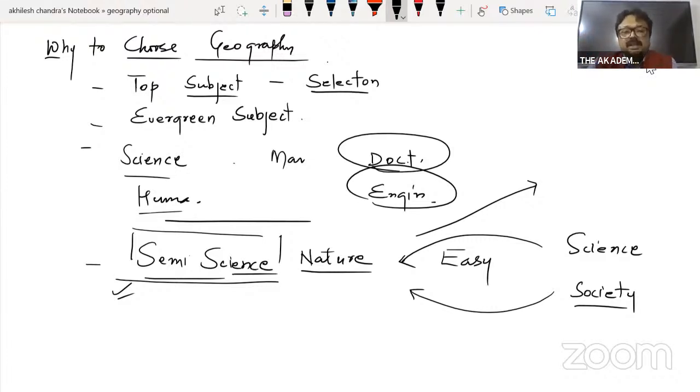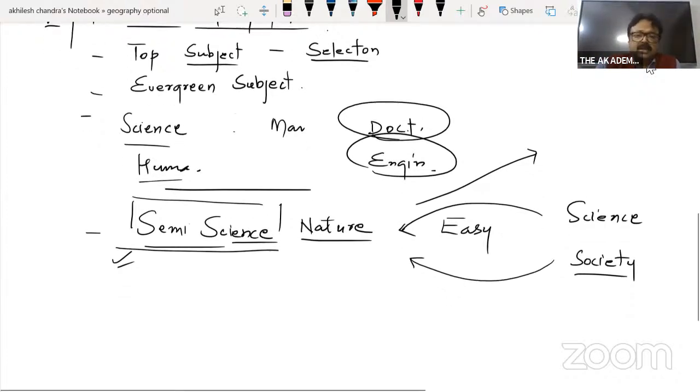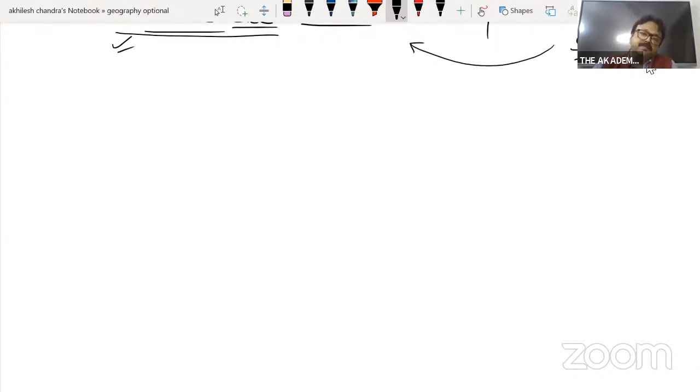That's why it is a subject with a lot of special things, and loved by everyone. Background doesn't matter. If you are from an engineering background, there are many engineers who have topped the UPSC exam by opting for geography. And it is a humanities subject anyway.